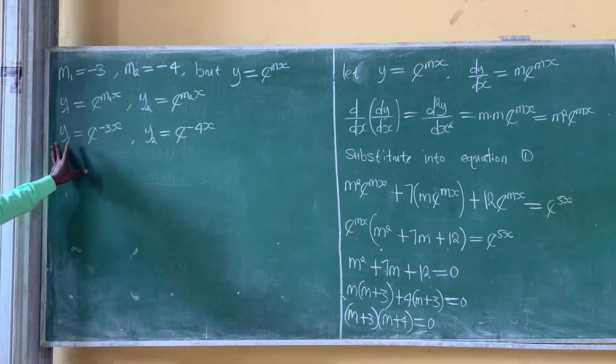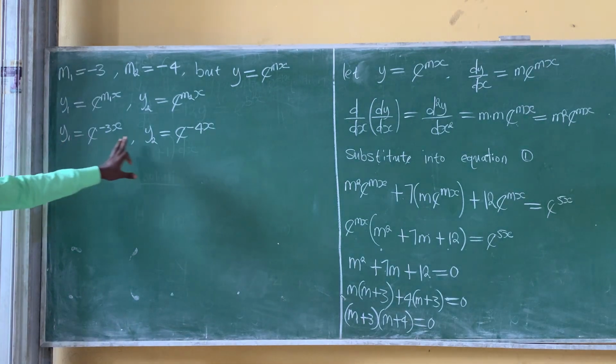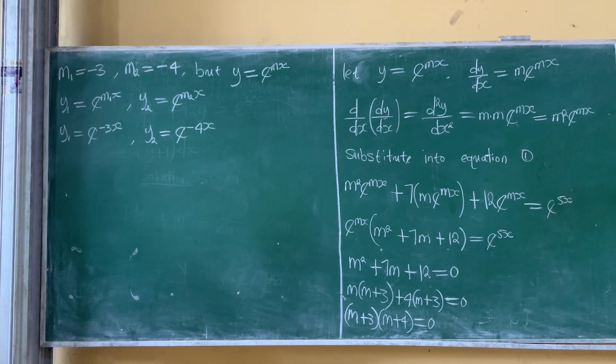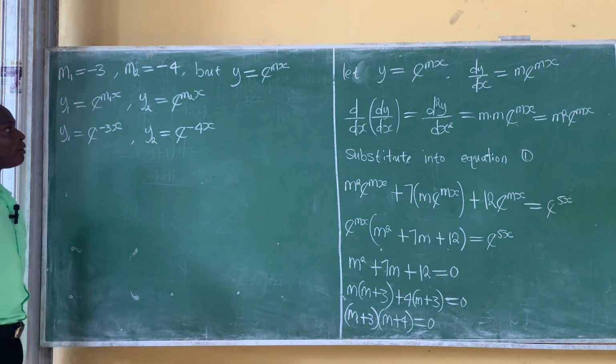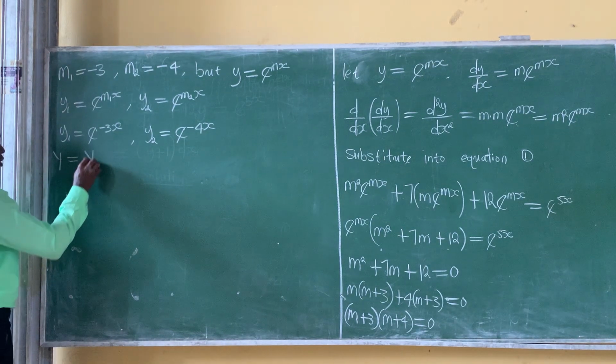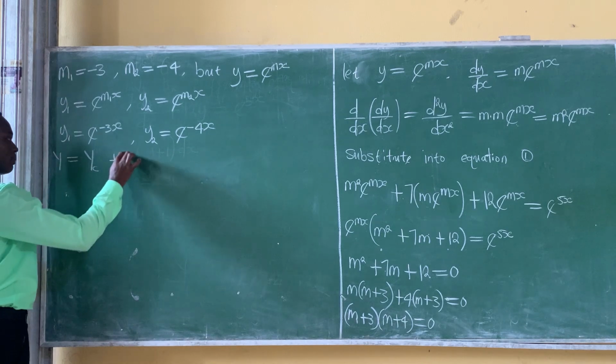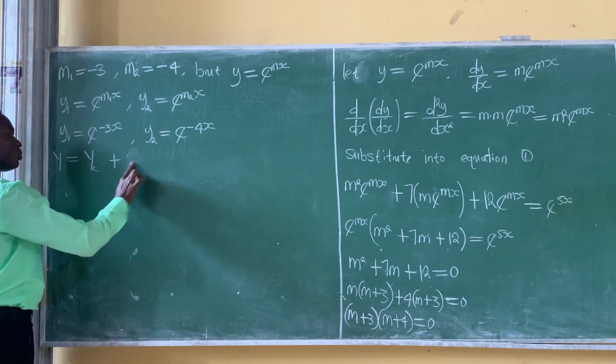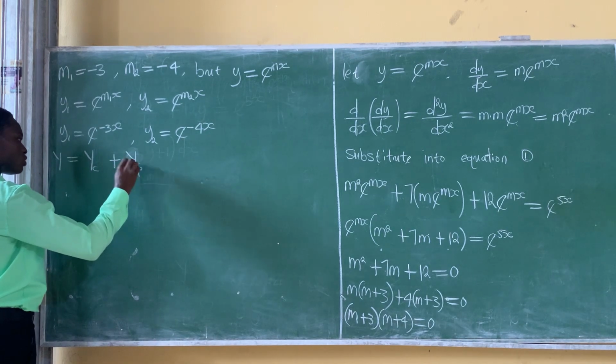So since we have obtained the values for y1 and y2, we can find our complementary solution. Remember, the general solution is y equal to the complementary solution plus the particular solution, which is given as y sub p.